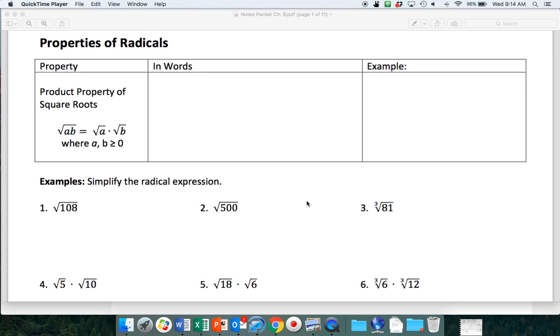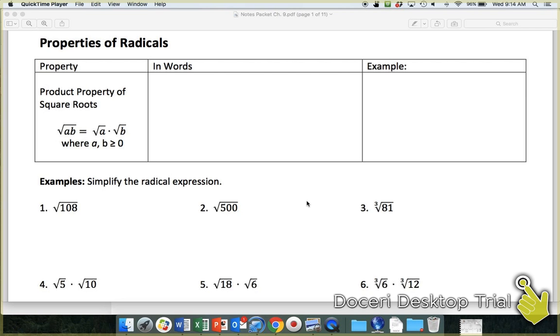This is basically what we're going to do the entire day. We're going to solve these radicals. We're going to simplify them using this property right here.